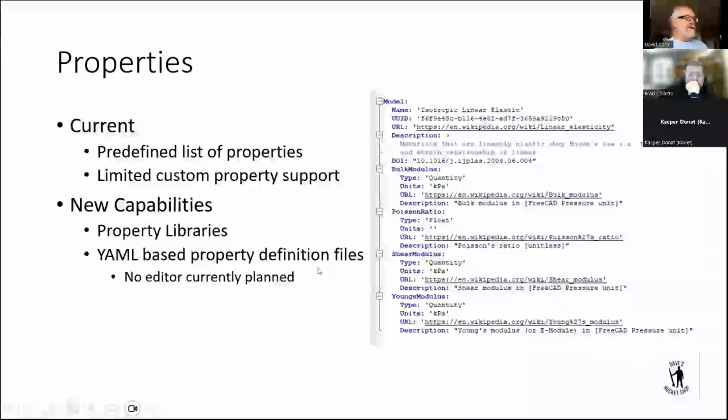At the moment, there's no editor planned for the model properties. You're going to have to go in and use your favorite editor to modify the YAML file. There's a few reasons for this, one of which is that it's not an operation that most people are going to be doing. Unless you're, for example, a materials researcher or the developer of a workbench that's going to require specific properties, it's not something that's going to concern you.